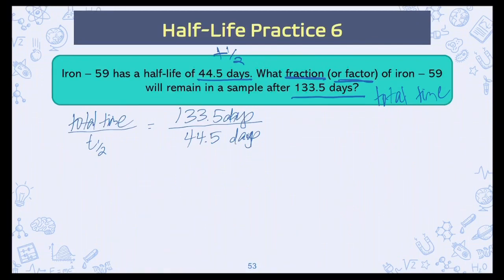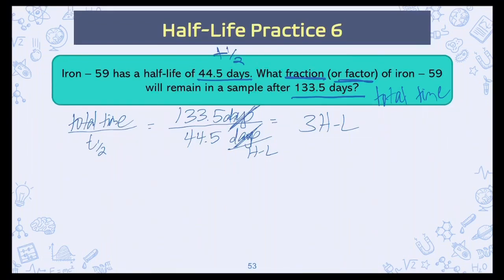And this will be true for the problems that we are going to be solving in this class. So 44.5 days per half-life. When you divide these numbers, you should get 3. The days cancel. 3 half-lives will have passed.